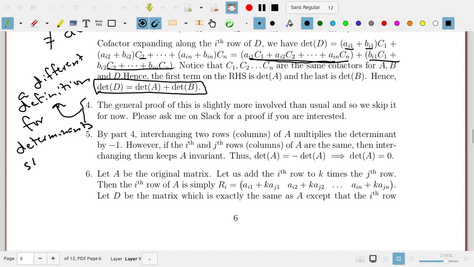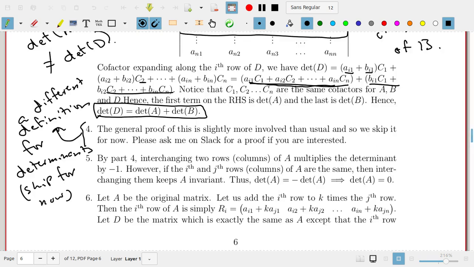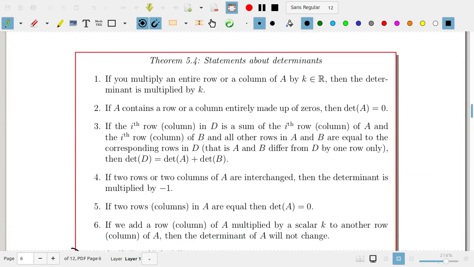So we skip it for now. We'll look at this later. However, this is a very useful formula. The theorem tells us basically that if you switch two rows or two columns in a matrix, then the determinant is multiplied by -1.